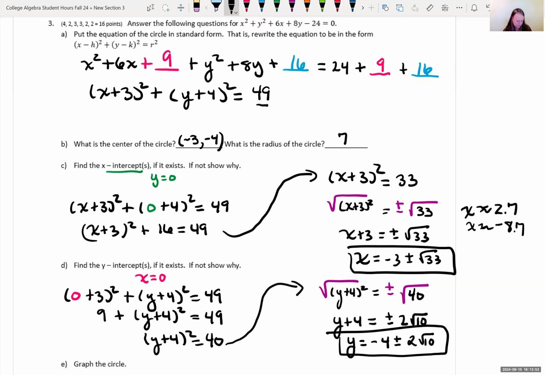Finding my y-intercepts, if I did -4 plus the square root, I'm just going to put 40 in there, that is 2.3. And -4 minus the square root of 40 is y approximately -10.3.